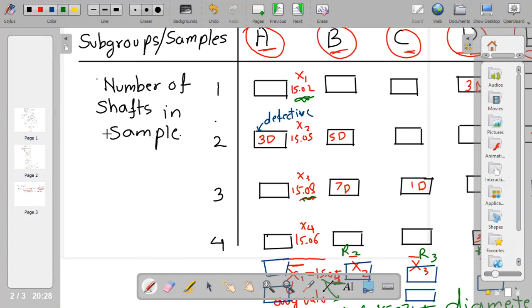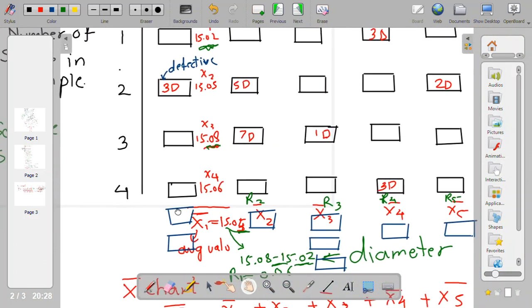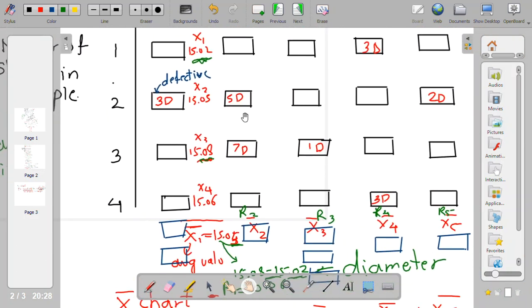We also call this sample size, which we denote by small n. Okay, it is not constant. 7, here 4, here 5, 7 again, like that. So total number of shafts are not constant, so that time we have to use U chart.